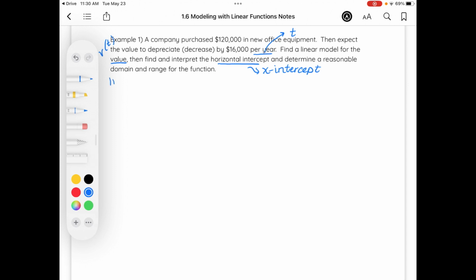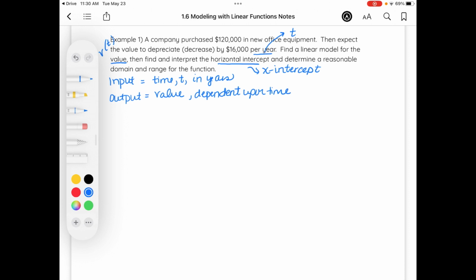So our input is going to be our time in years. And dependent upon that time, our output will be the value, which of course is dependent upon time.